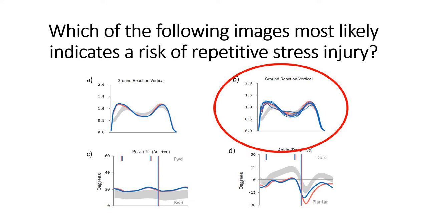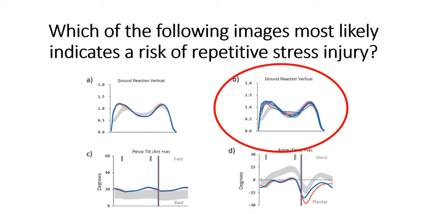Not only that, it's occurring much earlier than it should do based on the normative values, so the loading rate is dramatically increased. If you look at the gradient of the line that the patients produced on the blue and red lines, that is far steeper than the normative values which you see there in grey.